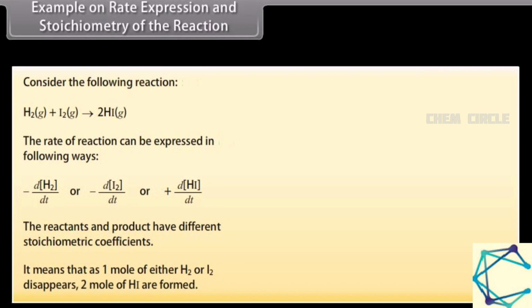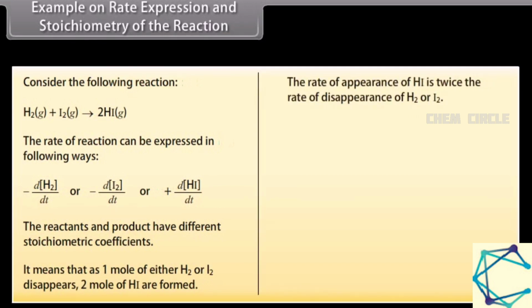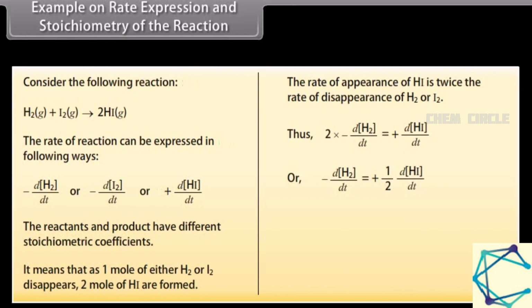It means that as 1 mole of either H2 or I2 disappears, 2 moles of HI are formed. The rate of appearance of HI is twice the rate of disappearance of H2 or I2. Thus, minus d/dt of H2 is equal to plus 1/2 d/dt of HI.